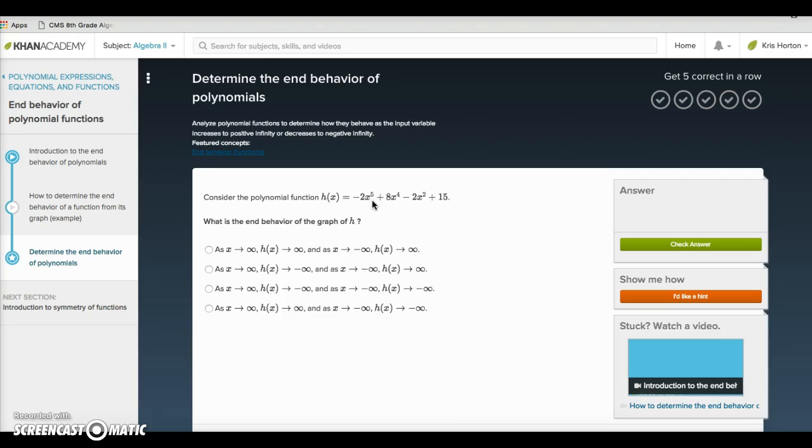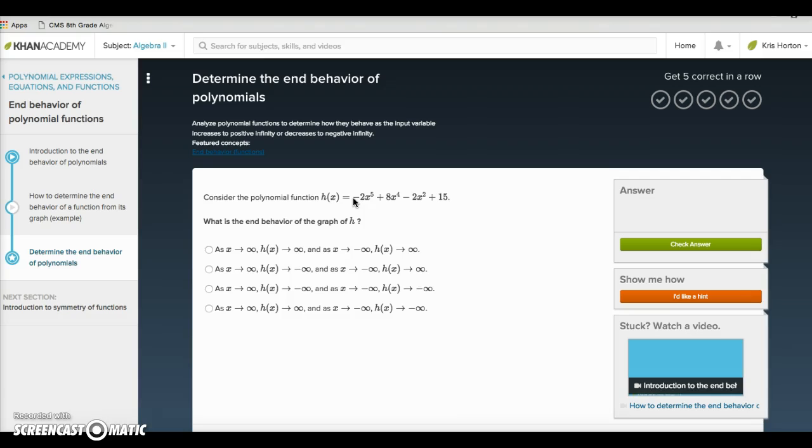And we saw that for odd degree polynomials, the end behavior is down on the left. So from left to right, it's down and then up. The other thing we need to look at is the sign of the leading term. Since this is negative, our end behavior is going to go the opposite direction. So moving from left to right, this function is going to go up and then down.